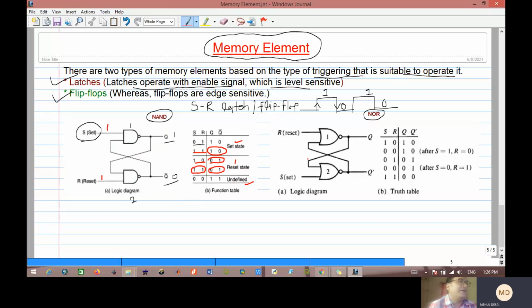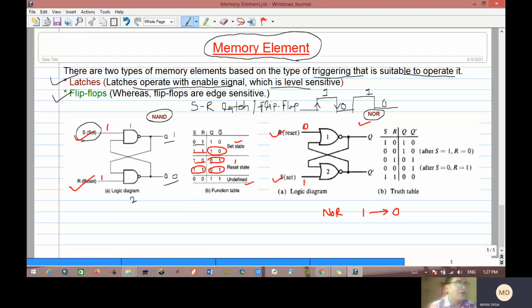Similarly, there are NOR gate latches. Here the NOR gate gives output 0 if an input is 1. The first condition is S is 1 and R is 0. Here set and reset are as marked, which is the important thing.